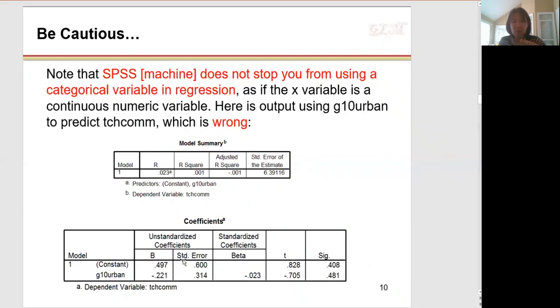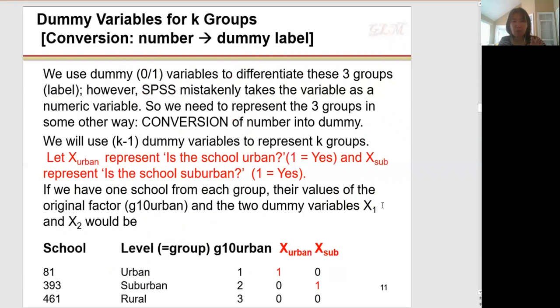So if you just conduct the regression using the regression function in SPSS, you will get this same table, which is not right. So in order to use the regression tab, we're going to manually change the categorical variable into two different dummy variables.